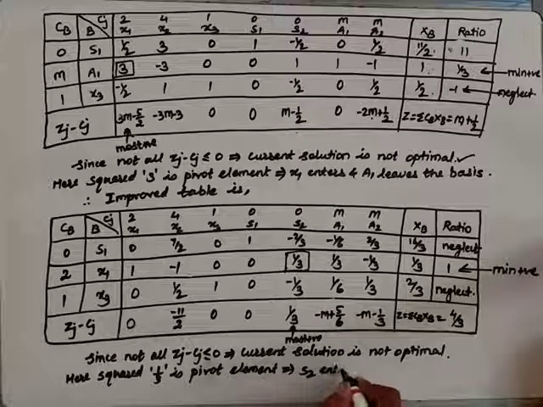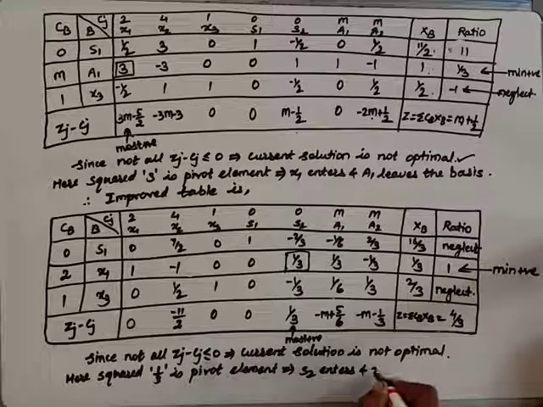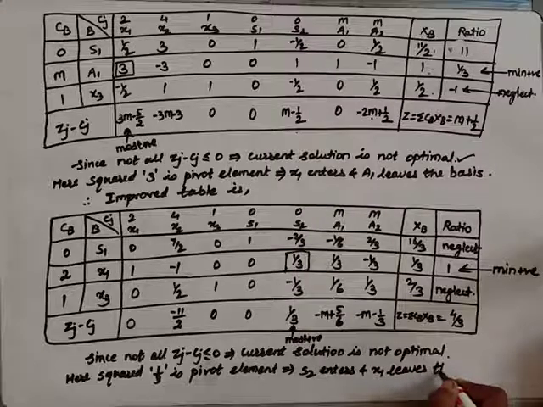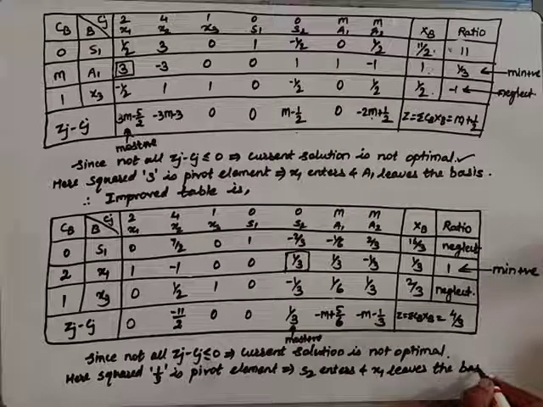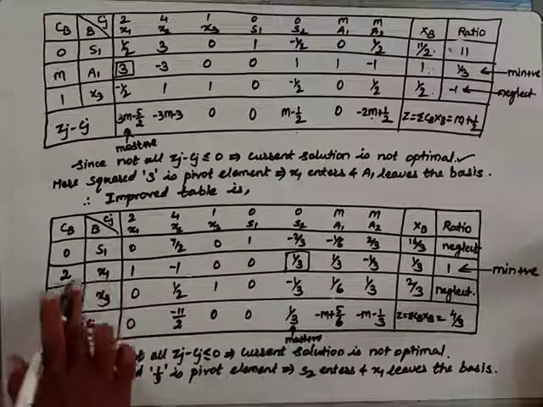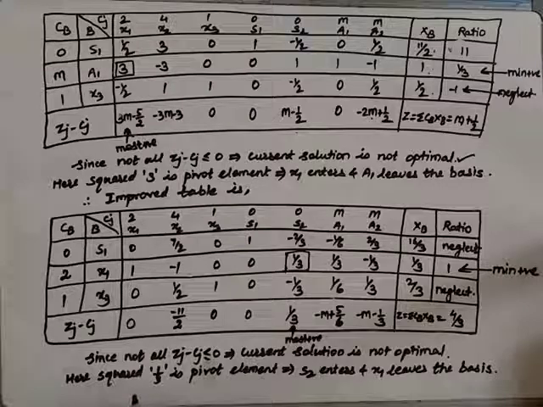S2 enters and X1 leaves. X1 leaves the basis. This may happen. Doesn't feel like we had made some mistake. It may happen that a decision variable sometimes leaves the basis. Therefore, the improved table is.